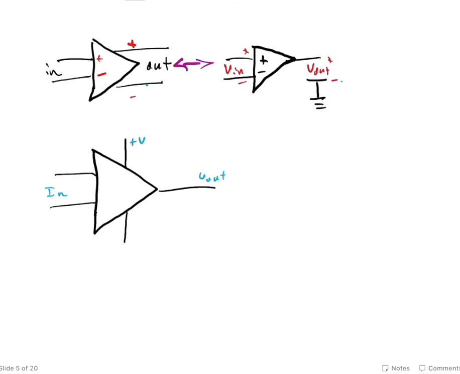There may be, say, plus VCC and minus VEE. That's the power that's applied. If you don't connect the power and turn it on, it isn't going to work. And if you're using a simulator and you've got an op amp in your simulator, if you don't connect VCC and VEE and turn them on, nothing's going to happen. So you absolutely have to connect power and make sure you have it turned on.